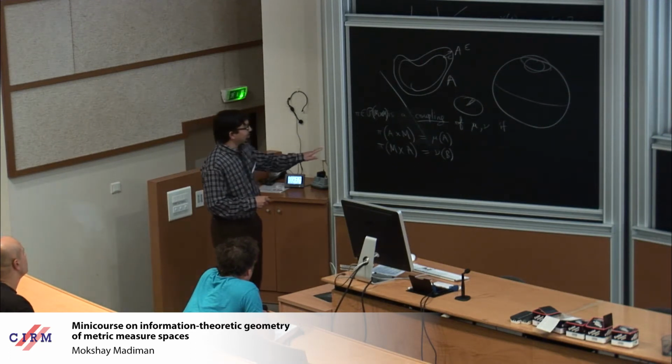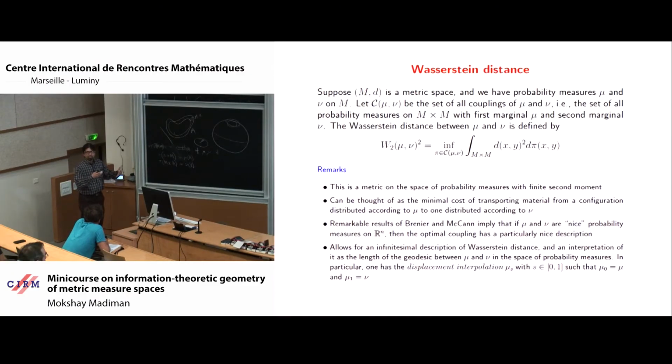For example, a trivial coupling is given by the product measure, when you take independent random variables distributed according to mu and nu. So the Wasserstein distance between mu and nu is defined in this way.